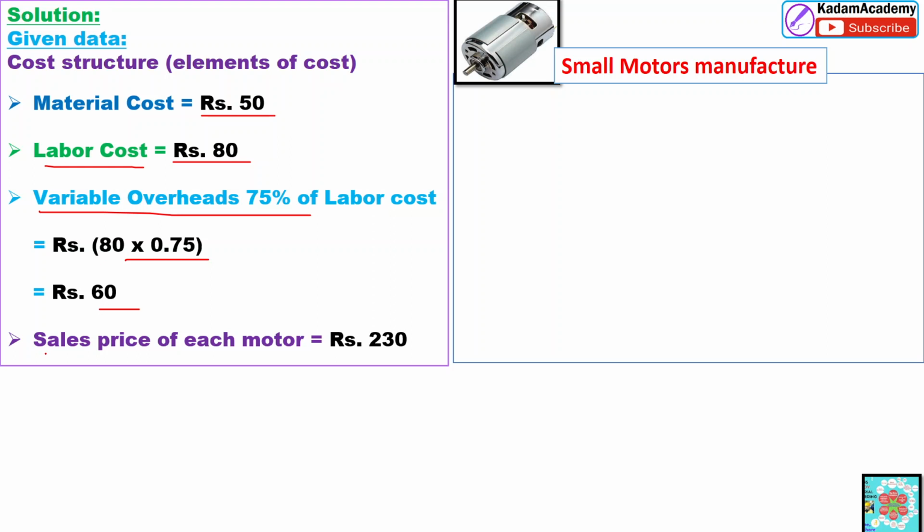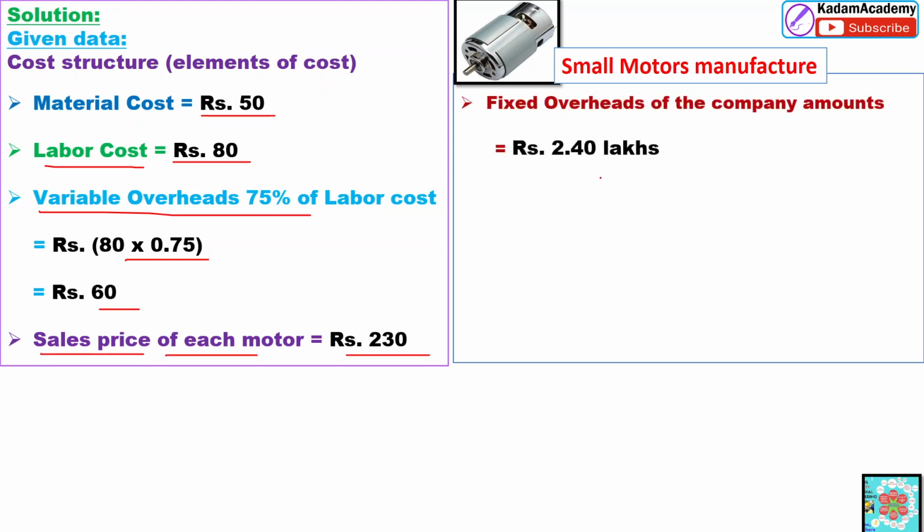Now what is the given data? Sales price of each motor is 230, and the fixed overhead of the company is 2.4 lakhs per annum, or we can say per year.